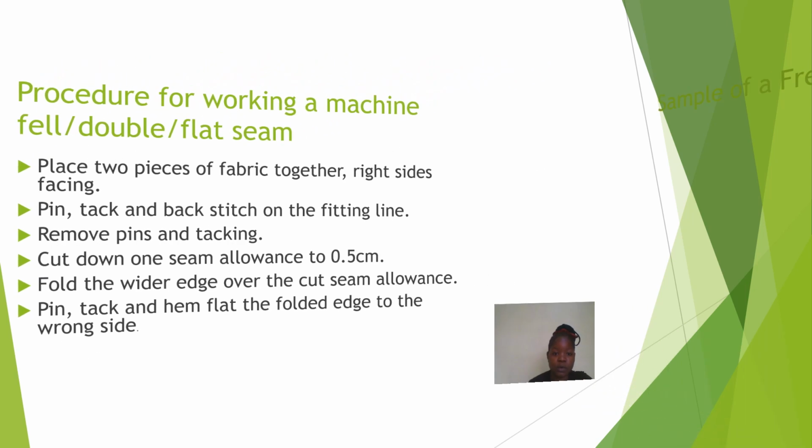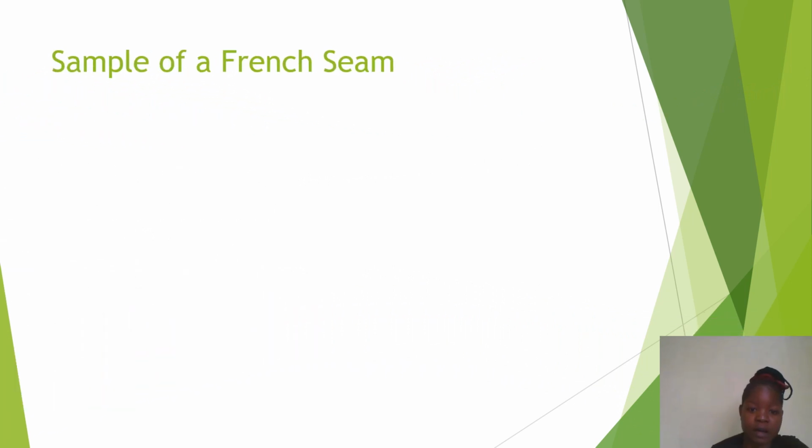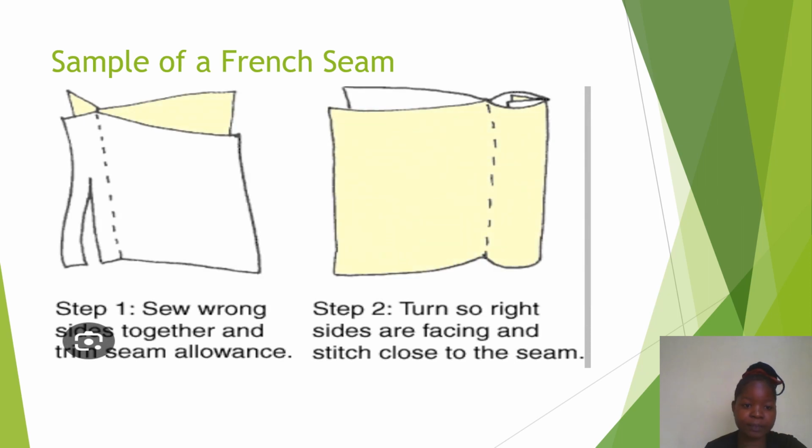Let's move to the French seam. French seam is suitable for delicate fabrics that fray easily, and it is a self-finishing seam. And here are samples of a French seam. So step 1, you sew wrong sides together and trim both seam allowances to 0.6 centimeters.